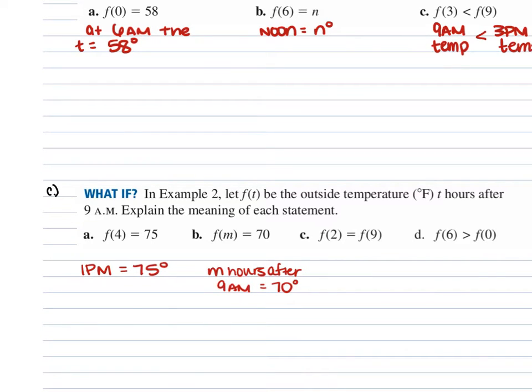So if we do the 9 a.m. plus the 2 hours, that gives us 11 a.m. And then if we do the 9 a.m. plus the 9 hours, so that's 9, 10, 11, 12, 1, 2, 3, 4, 5, 6 p.m. So the temperature is the same at both 11 a.m. and 6 p.m.